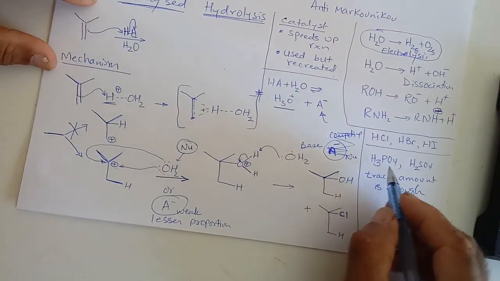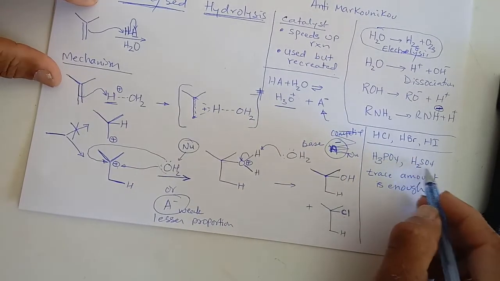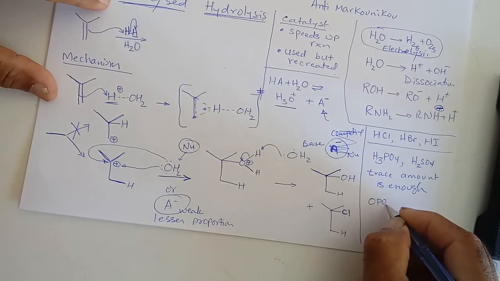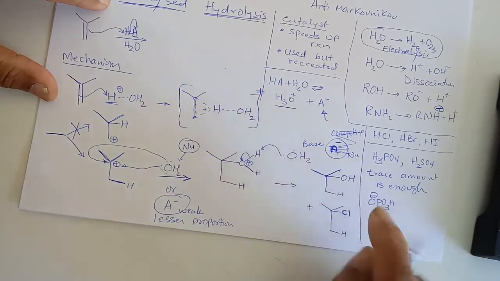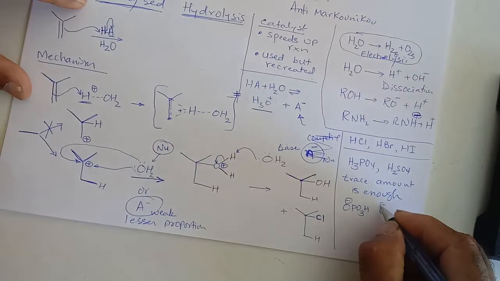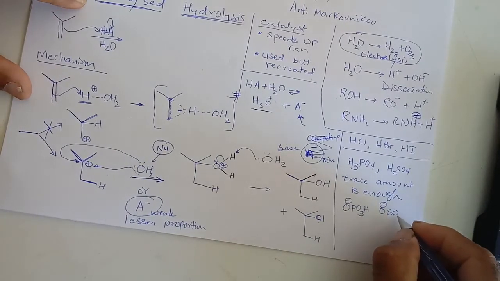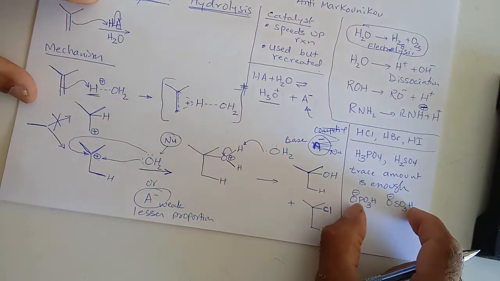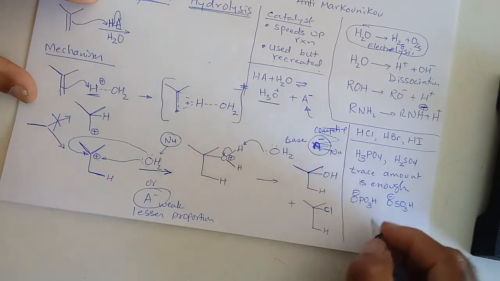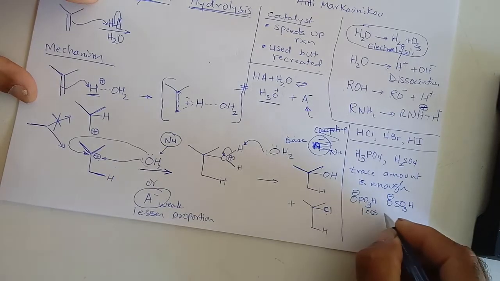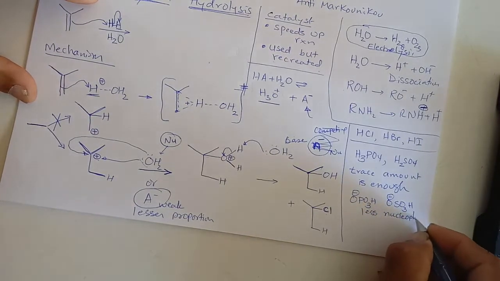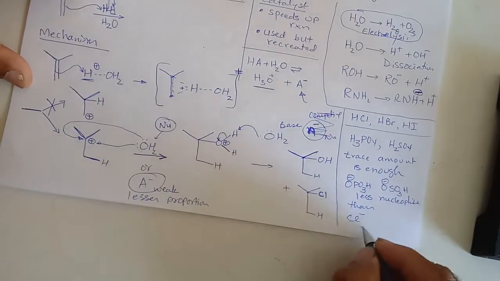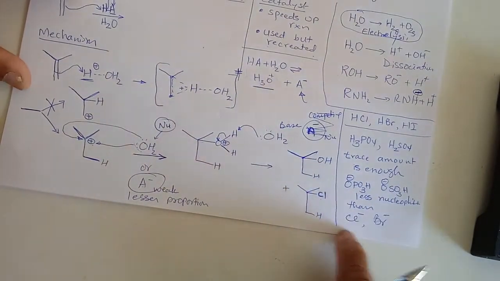of acid. And the reason these will not compete is because the oxo anion OPO3H minus that was produced, or SO3H minus, these ions are less nucleophilic than Cl minus or Br minus, because of the bulk, the entourage of oxygens, which Cl and Br don't have.